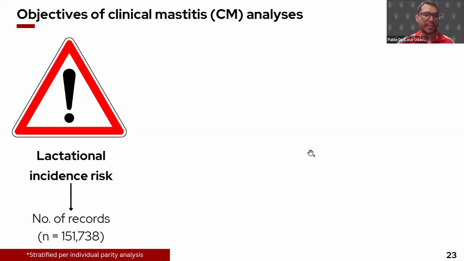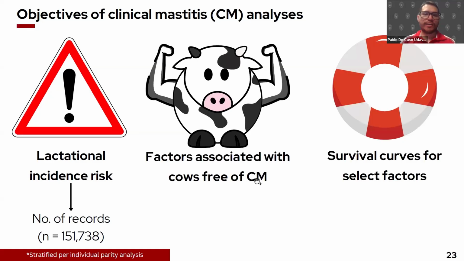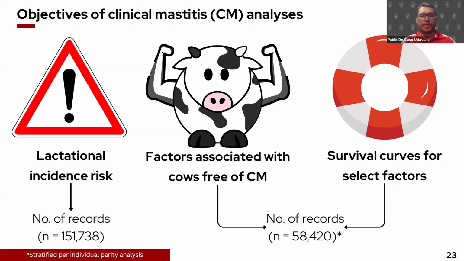For this specific analysis, we used around 150,000 records, which is quite considerable. And then for the next two objectives, we did parity specific data sets, and I'm going to explain that in detail as we progress to that section. But overall, combining all the data sets from different parities, we used around 60,000 lactation records, which means that they are cow lactation records.